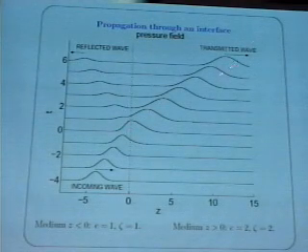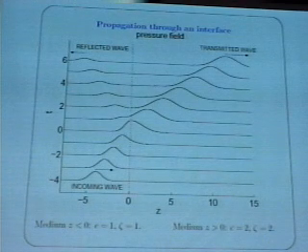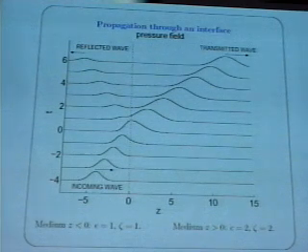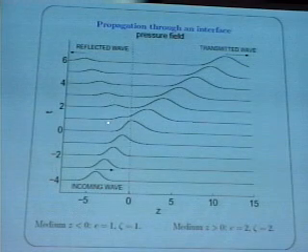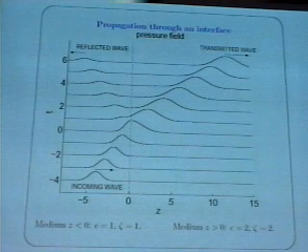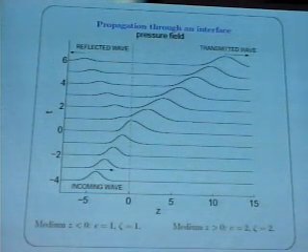Here the transmitted wave is going faster because the velocity in the second part of the medium is larger. It is very easy to compute this type of solution. All you have to do is, I know the form of the solution in the left half space, I know the form of the solution in the right half space by the Riemann invariants, and I just write the continuity conditions for the pressure and velocity fields. You solve and you get the solution.